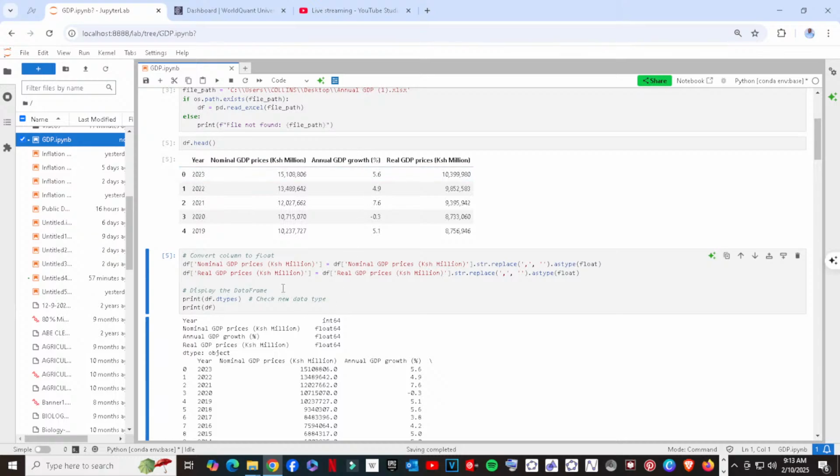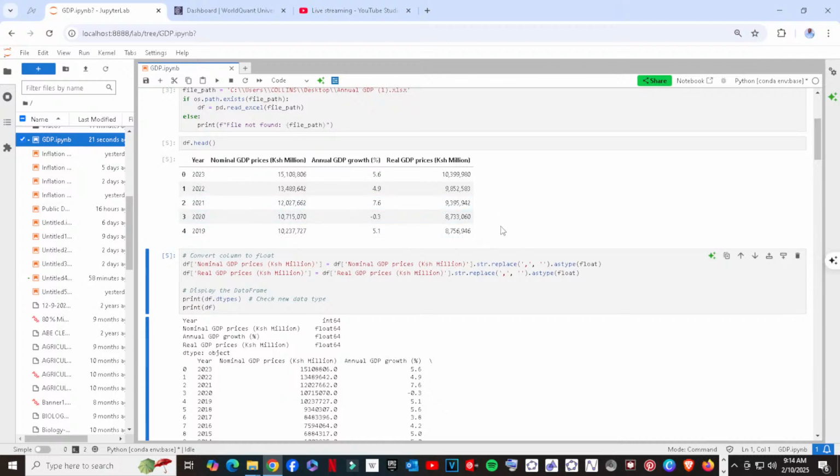So you see that here, nominal GDP prices are this, and we are told they're in Kenya shillings in millions. And we see these characters, the commas. Those characters make the Python environment treat the nominal GDP prices column as a string, and it also treats this as a string.